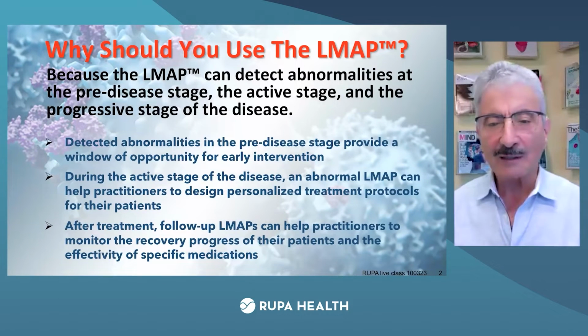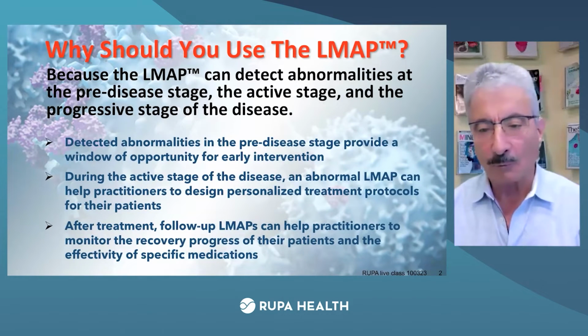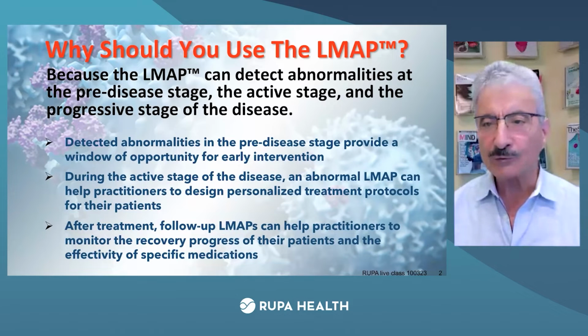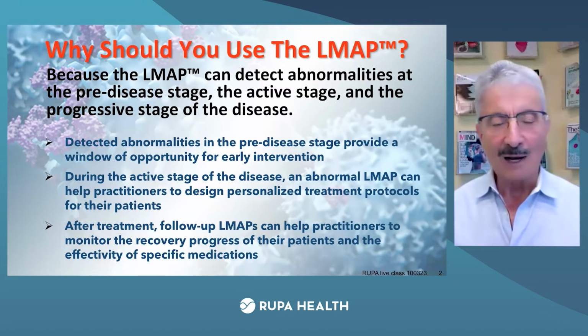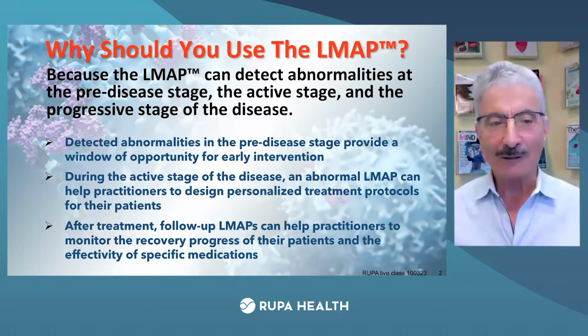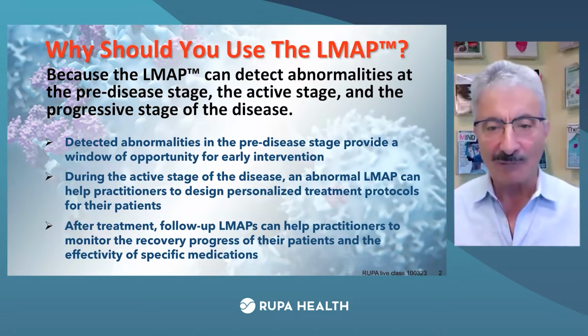And the question in this class that we are going to ask is, why should we use the lymphocyte map in clinical medicine? Because LMAP can detect abnormalities at the pre-disease stage. That is the message of functional medicine and preventive medicine.